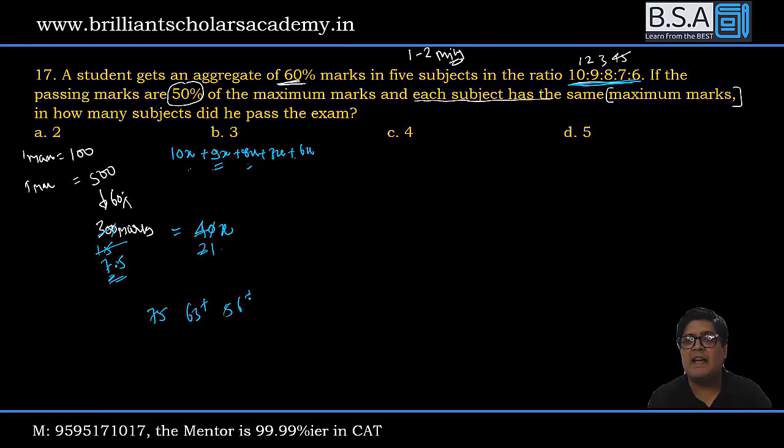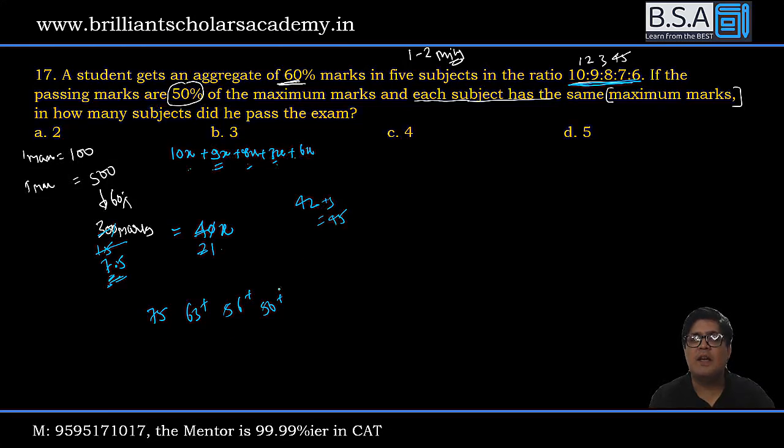Already 56 से आगे स्कोर है ना? 7 into 7, 49. और फिर 7 into half भी होगा. तो ऑलरेडी 50 से ऊपर स्कोर है, 51.5 के आसपास स्कोर है. 6 into 7, 42. Half into 6, 3.